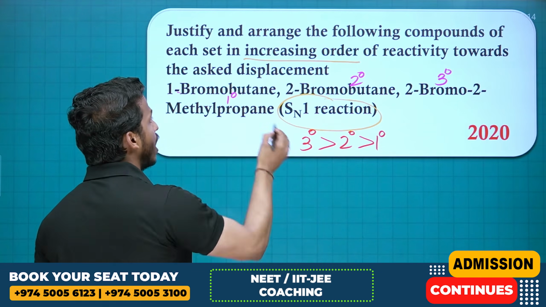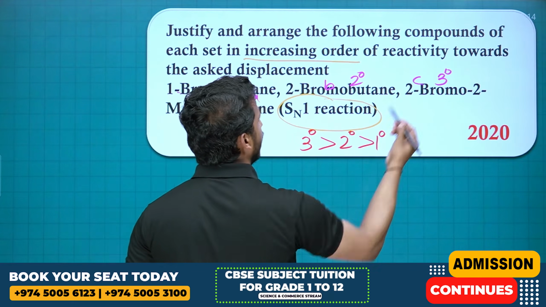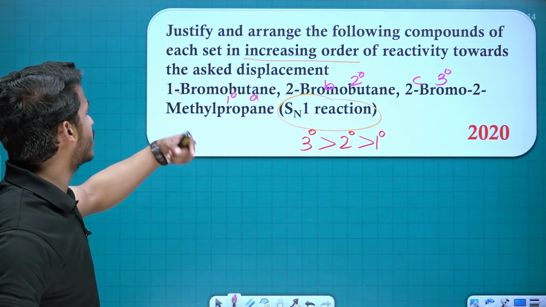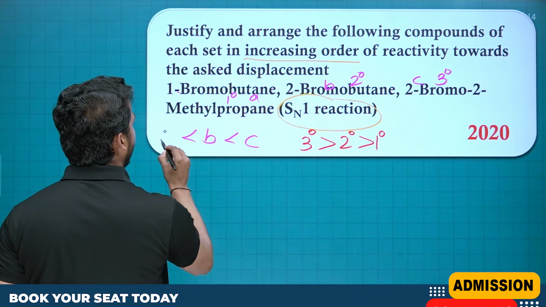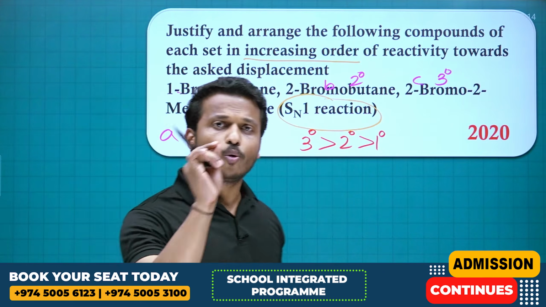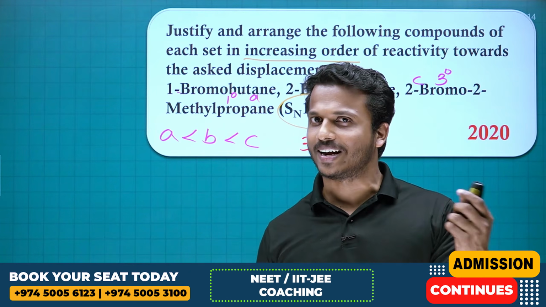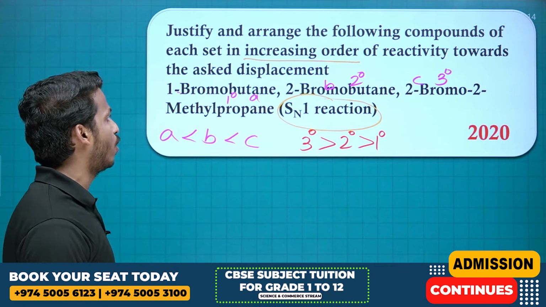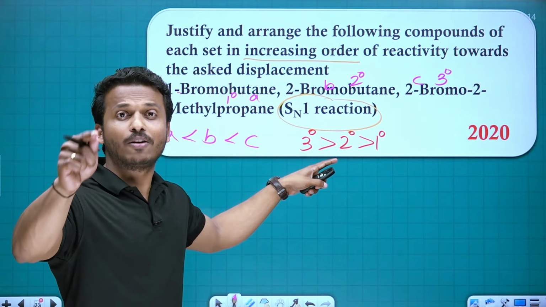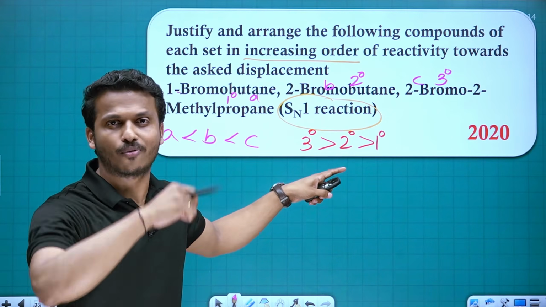Marking as A, B, C, C is tertiary, then B, then A. Very simple. SN2 mechanism order is primary, secondary, tertiary. SN1 mechanism order is tertiary, secondary, primary. The reason: SN1 mechanism follows stability of carbocation.